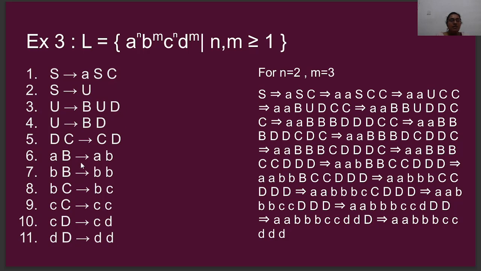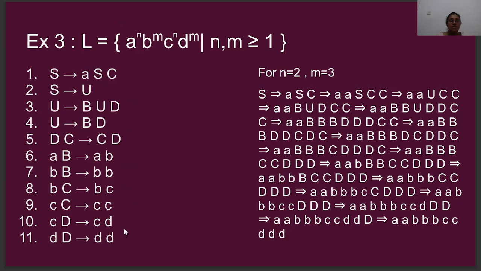And then just like earlier, if there is a DC, we should be able to interchange C and D. Okay, and then each value, capital B, capital C and capital D should be replaced by small b, small c, small d in whichever combination they are. Okay, but A should follow a B, B should follow a C, and C should follow D. So other combination should not be there on the left hand side.